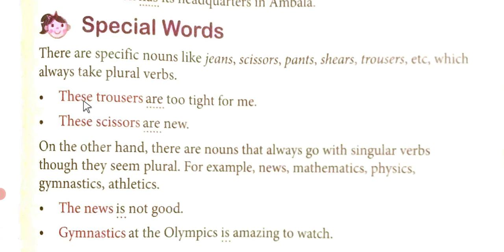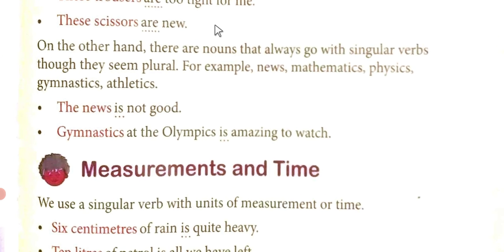For example, these trousers are too tight for me. These trousers are a specific noun which takes the plural verb are. These scissors are new. A specific noun, and here we use the verb which is plural.